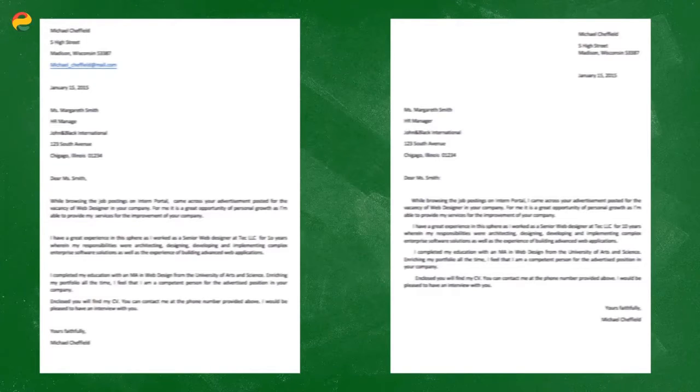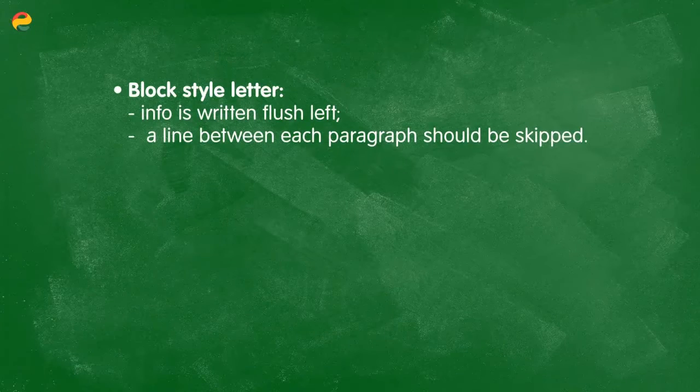All the information in a block style letter is written flush left. That means no paragraphs are indented. And there is a line between each paragraph that should be skipped. A block-style letter more cleanly separates each one of your points and each one of your paragraphs. And some people think it makes it easier to find the information contained therein.